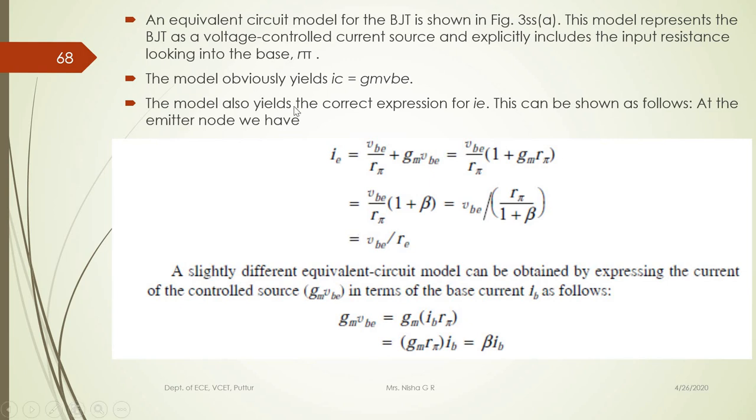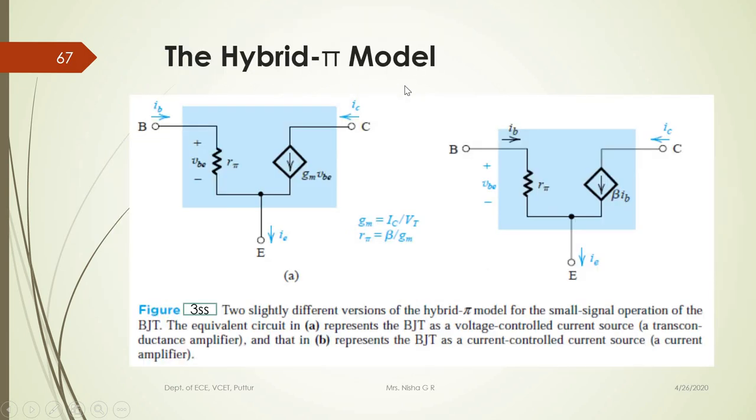So this picture, this particular hybrid pi model, also yields the collector current, that is the instantaneous collector current, as GM into VB. And you can notice here that whatever currents and voltages have been mentioned in the model are AC, the signal component: VBE, input resistance, and then small ie, small ib, small ic, GM into VB.